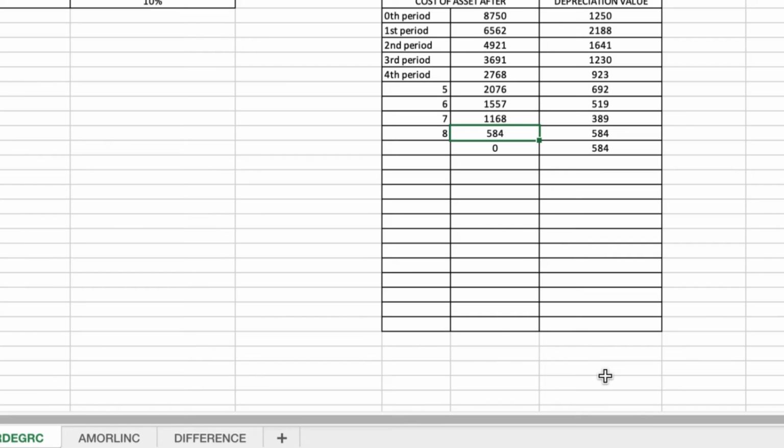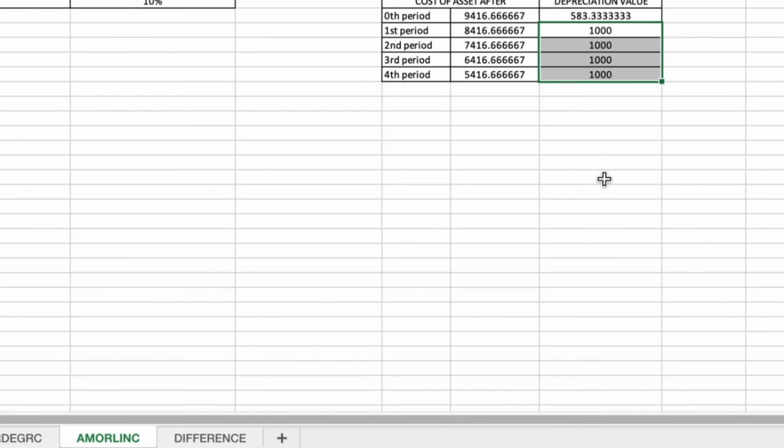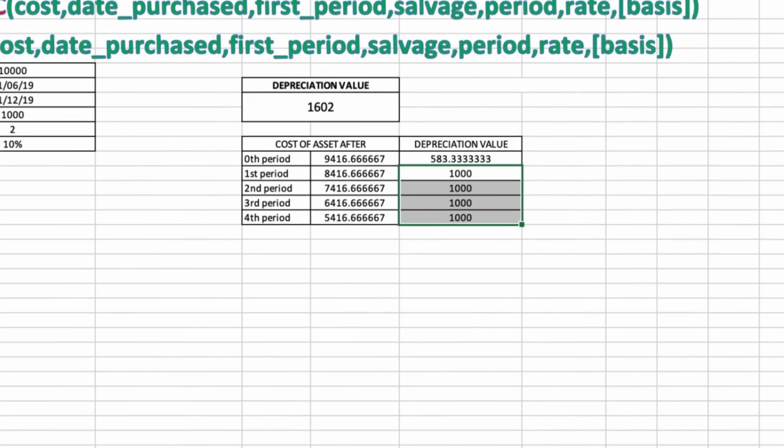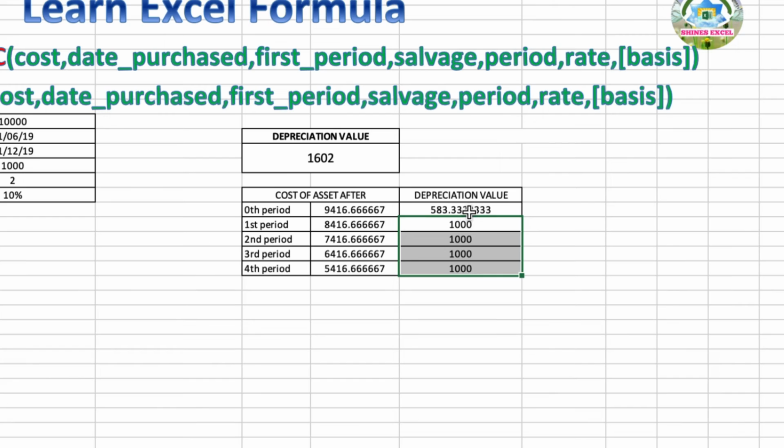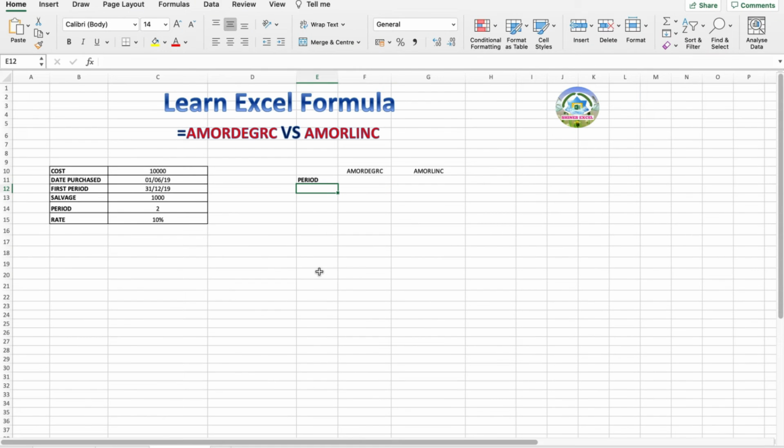For the previous formula, the depreciation value is different, but for AMORLINC, the depreciation value is not so. After the 0th period, the depreciation value remains the same. Let this be the 0th period and this be the first, second, third, fourth, fifth, sixth, seventh, eighth, and so on.